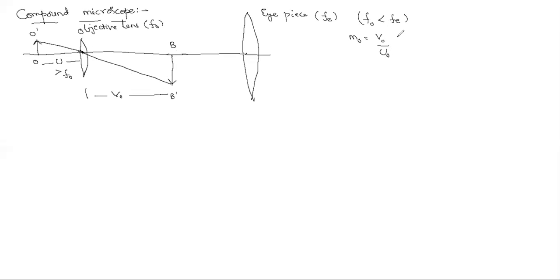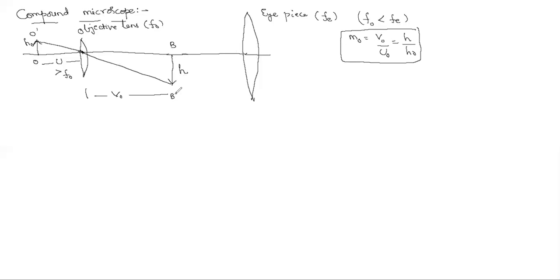From the similar triangles, I can write this as H dash by H, the ratio of image height to object height. This is the magnification of the objective lens. Is it clear?